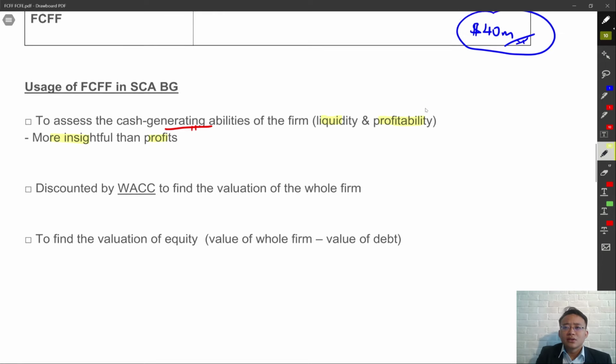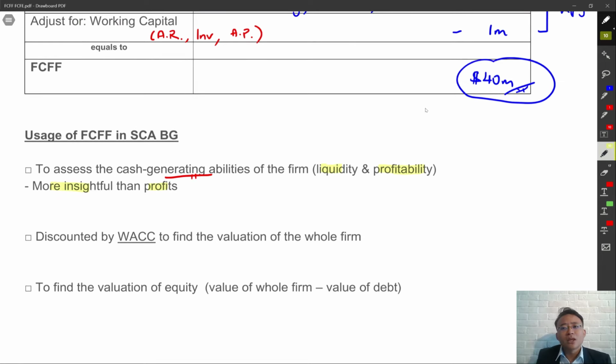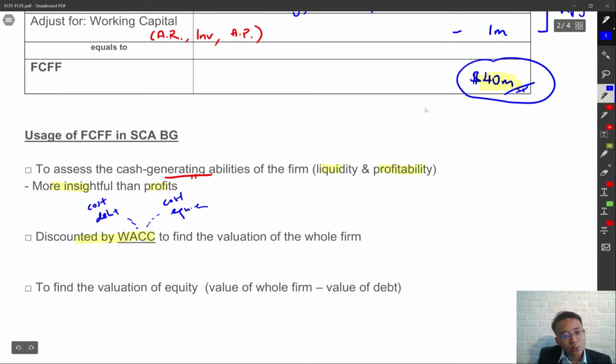Now, second, since free cash flow to firm shows the amount of cash flows that the firm has to give to all its capital providers, we will discount this figure. When we have to get the present value for the 40 million, we will discount it by WACC. Because after all, if you recall, WACC contains the cost of debt and the cost of equity.